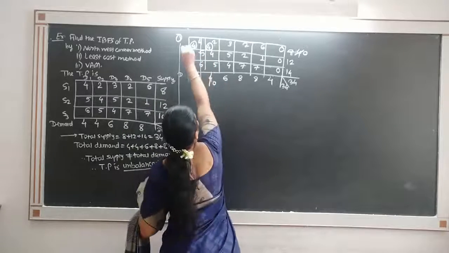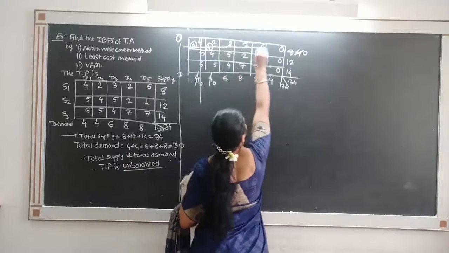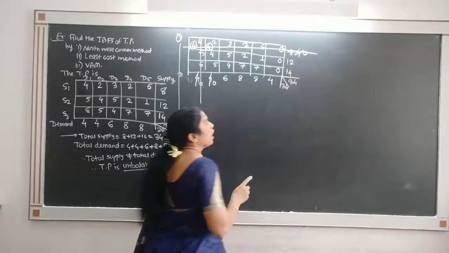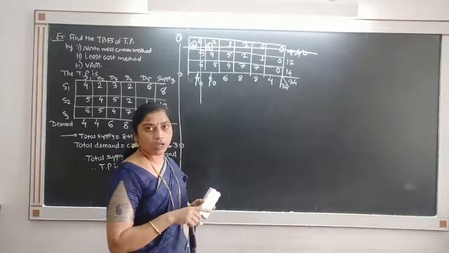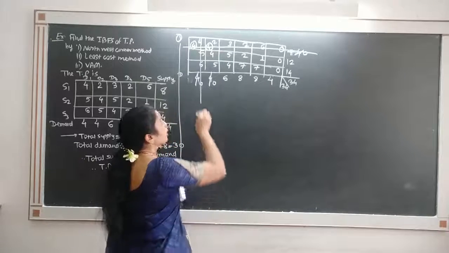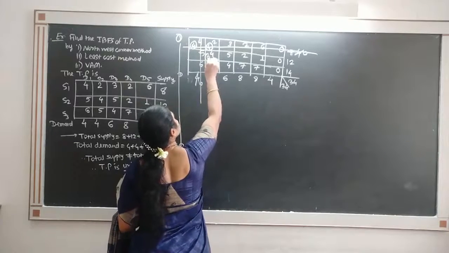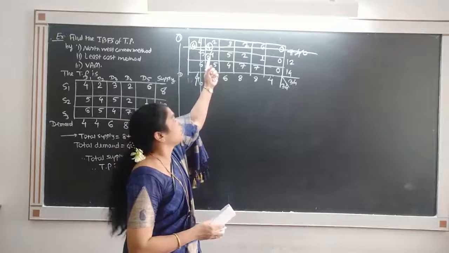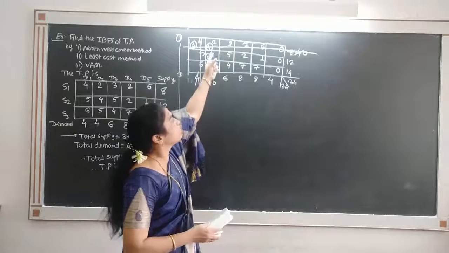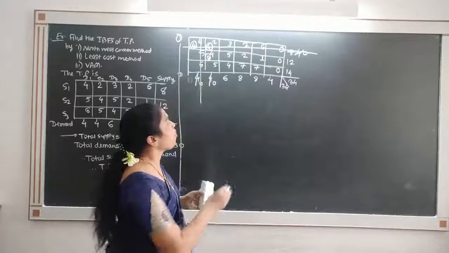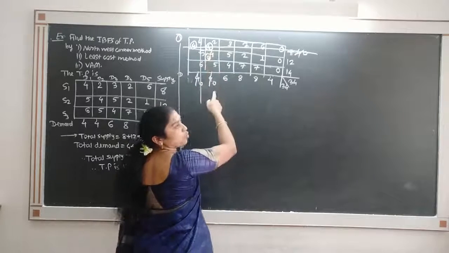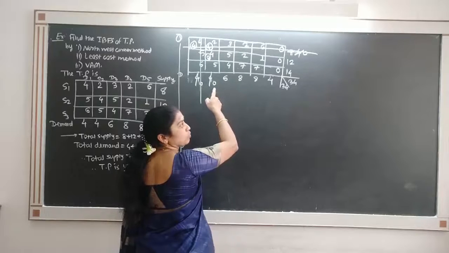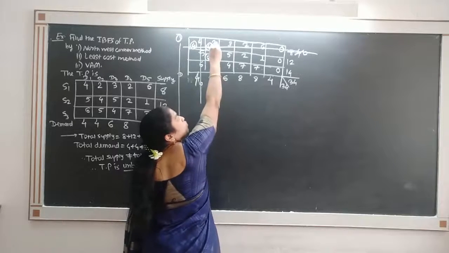Suppose I will cross out the row. If we cross out the row, in the uncrossed column we have to allocate 0 to this cell. Because at the same time row and column are crossed out, we have to move diagonally.